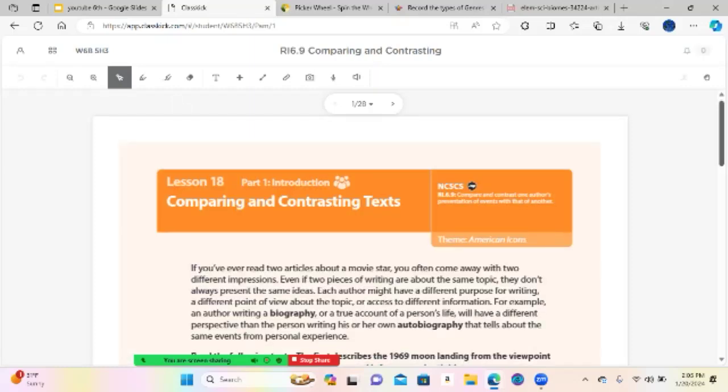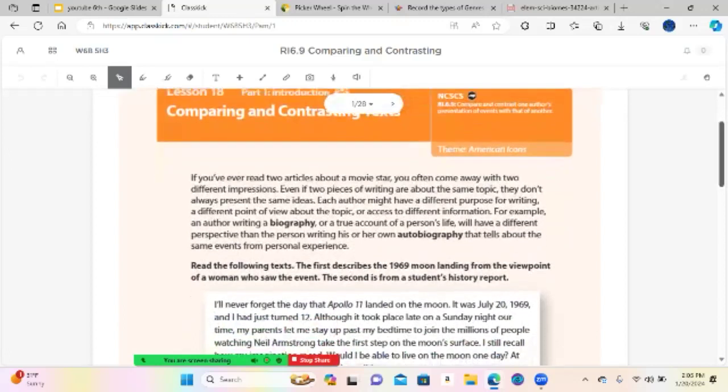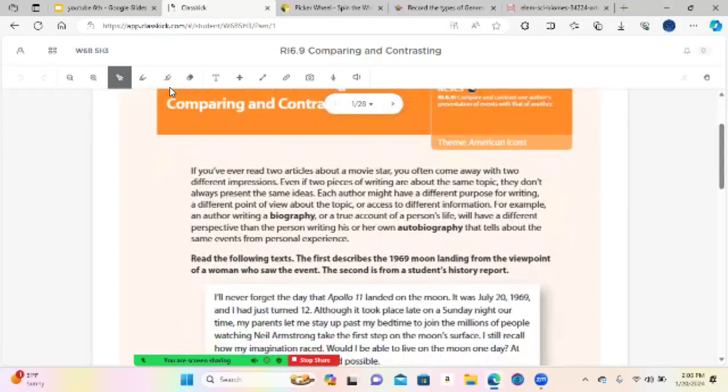All right, so lesson 18, comparing and contrasting. If you have ever read 2 articles about a movie star, you often come away with 2 different impressions. Even if 2 pieces of writing are about the same topic, they don't always present the same idea.